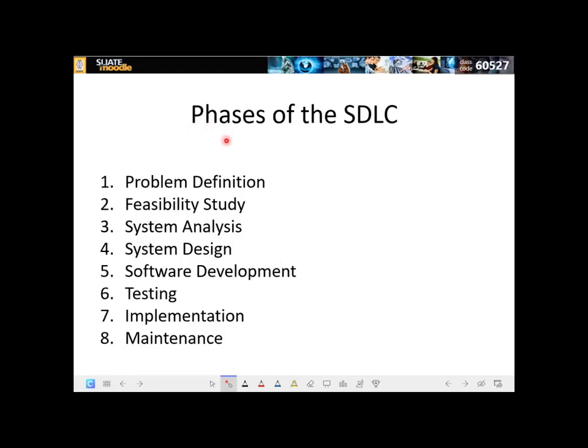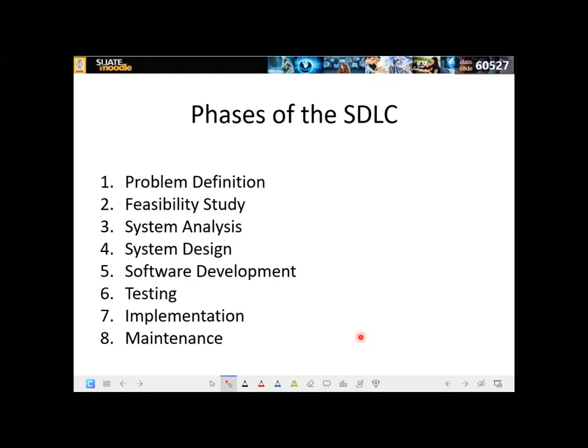These are the phases or stages of SDLC. First one is problem definition. Second one is feasibility study. Third one is system analysis, then system design, software development, testing, implementation, maintenance, right? If you are going to develop a computer system or information system for a particular organization, you have to go through these steps.